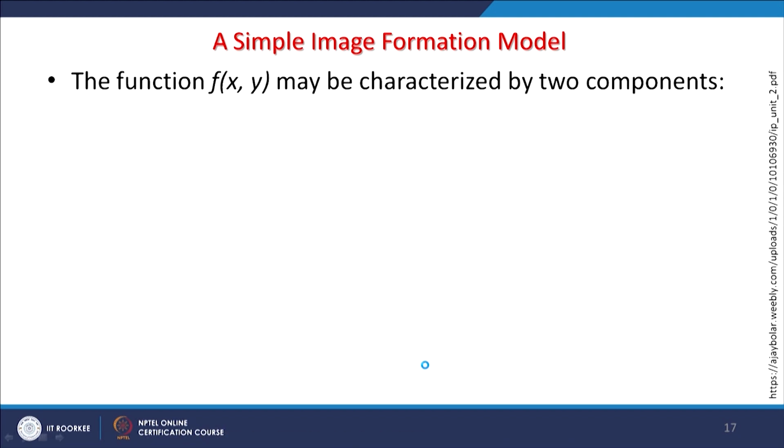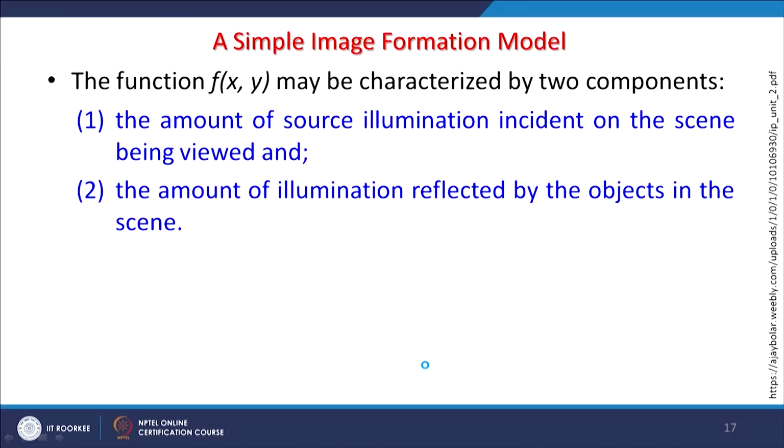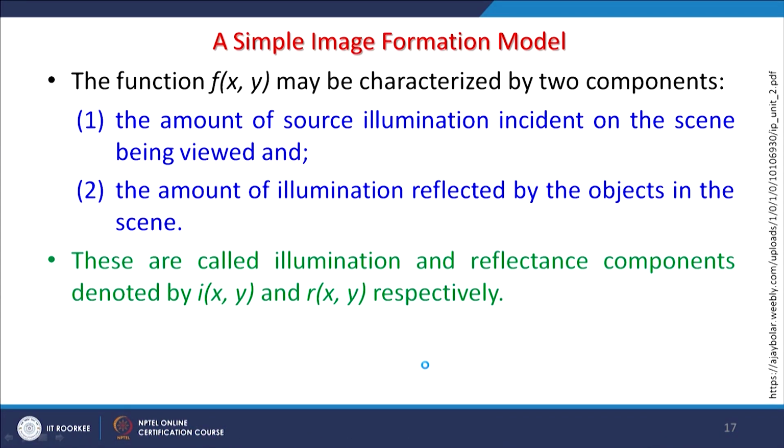So, this function f of x and y may be characterized by two components. The first one is the amount of source illumination incident on the scene which is being viewed, and the second one is the amount of illumination reflected by objects in the scene. These are called illumination and reflectance components, denoted I and R of x and y, for all individual pixels.